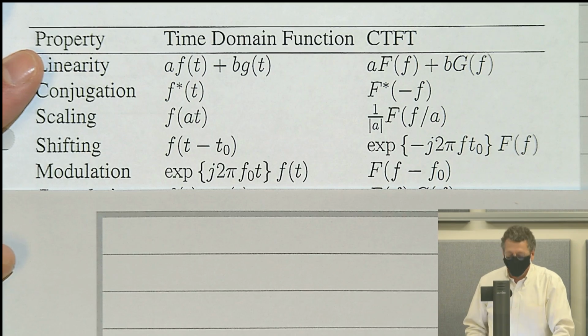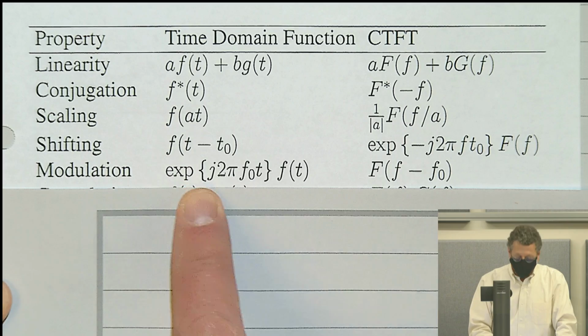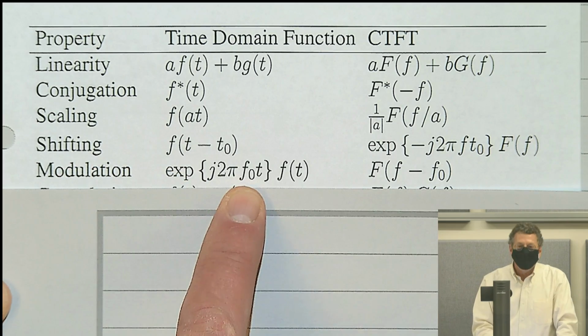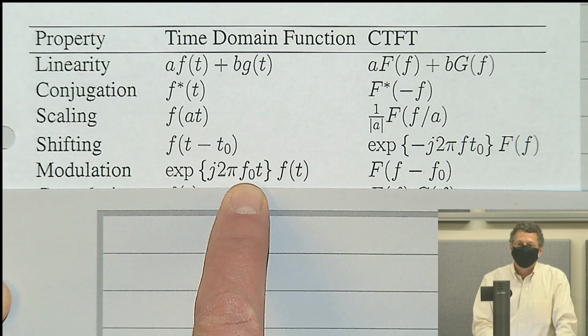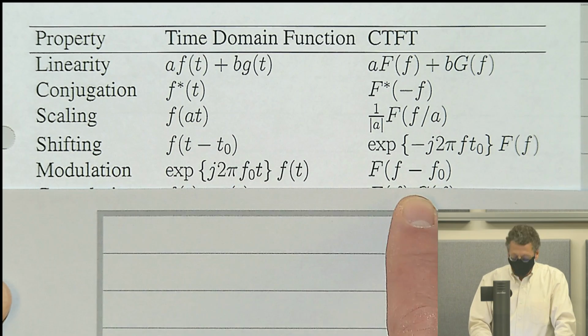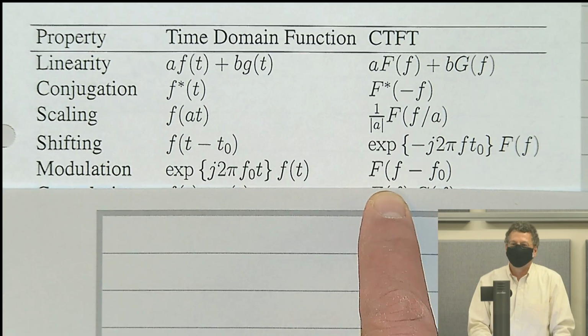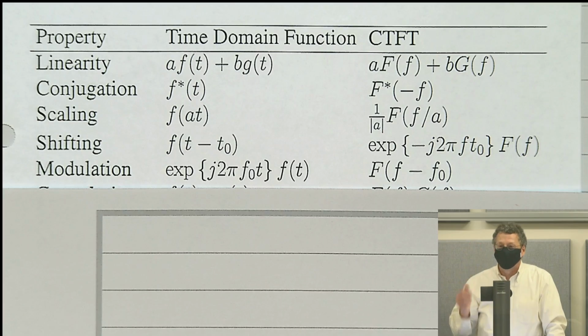modulation. So, this is super important. This is the conjugate relationship, so it's the dual relationship to this shifting. If you multiply something by a linear phase in time, then it shifts it in frequency. This is super important, because if we didn't have this property, there would be no such thing as wireless communications.